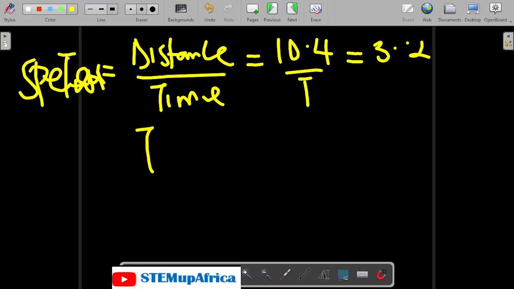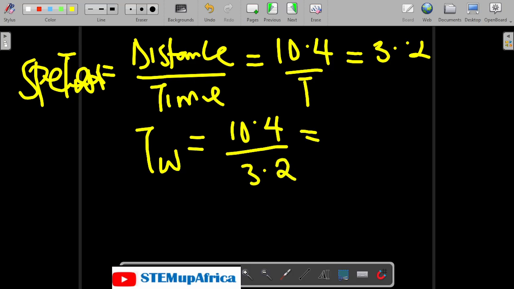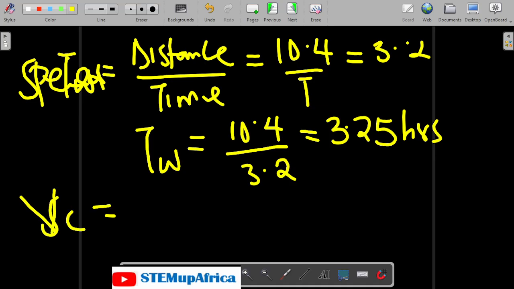My t now for walking is 10.4 divided by 3.2, which gives us 3.25 hours.